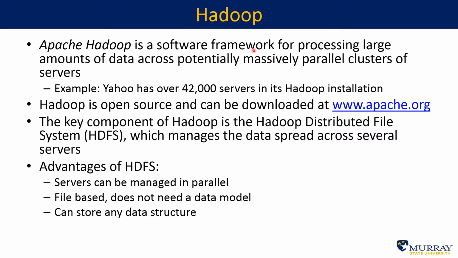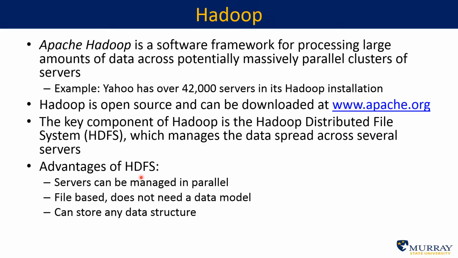Now, Hadoop is a software framework for processing large amounts of data across potentially massively parallel clusters of servers. For example, Yahoo has 42,000 servers in its Hadoop installation. Once again, Hadoop is open source, and it can be downloaded from the Apache website. The key component of the Hadoop framework is the Hadoop Distributed File System, or HDFS. This file system can manage big data spread across several servers.